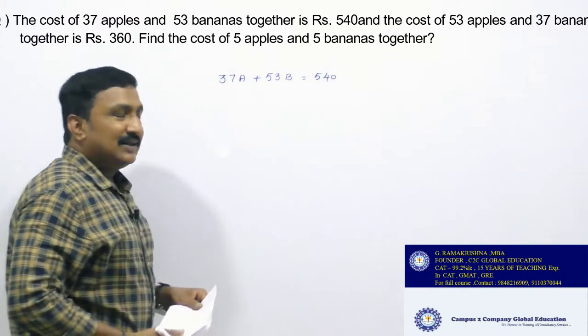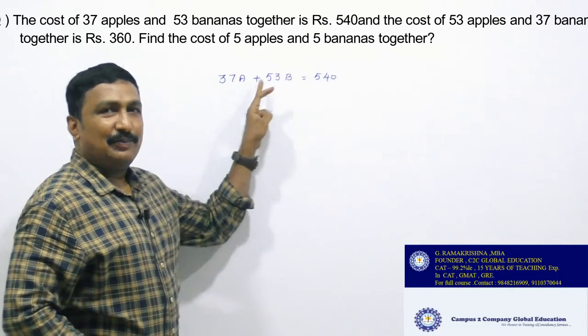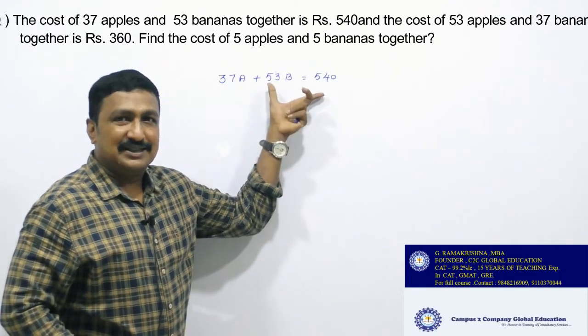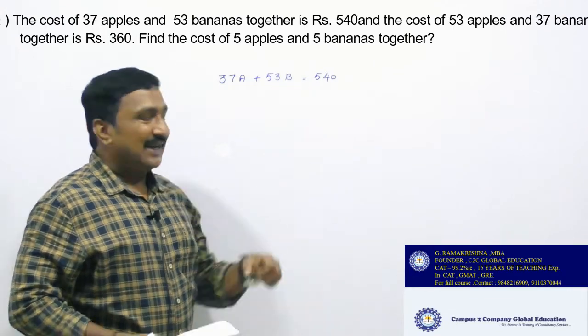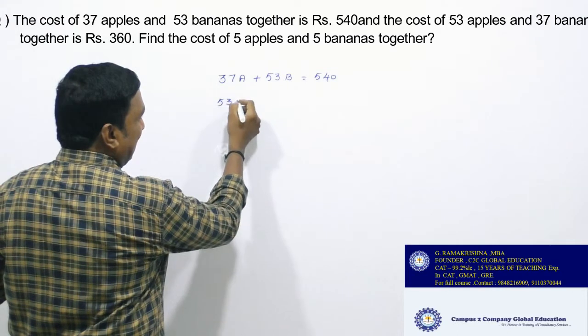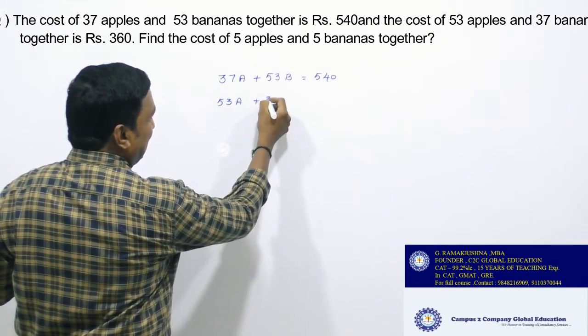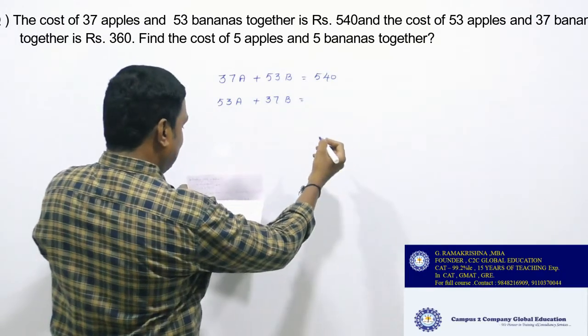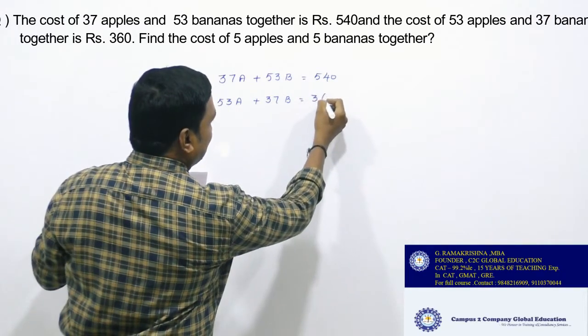The cost of 37 apples plus 53 bananas together is 540 rupees. This is the first equation. And the second equation is 53 apples and 37 bananas together, how many rupees do they give? 360 rupees.